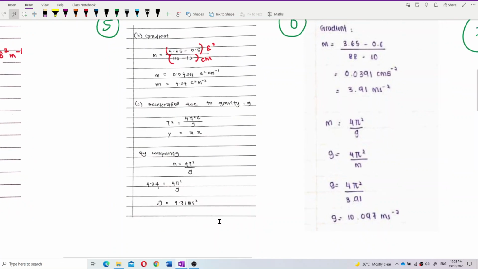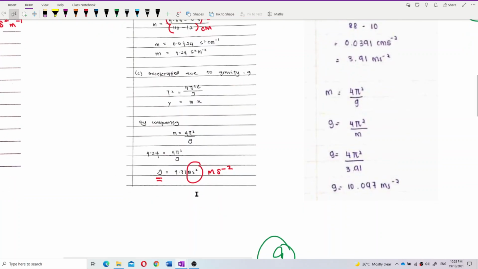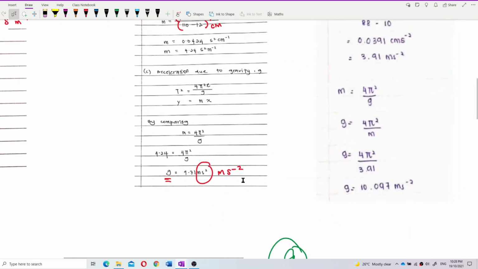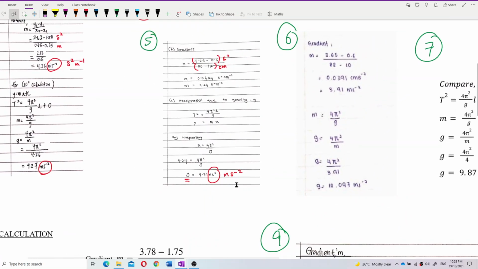Again, this one, the gradient. This is not the gradient. This is the required value, the G value. This is the gravity. After you calculate, gravity is meter per second square. Where is the negative 2? Why do you put positive 2? Negative 2. What a silly mistake this one.